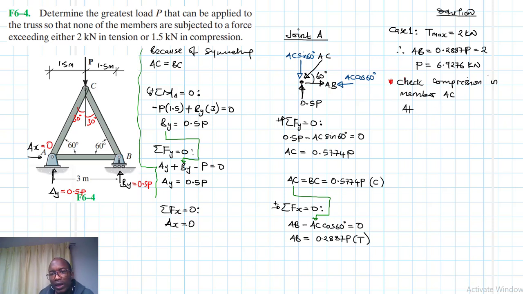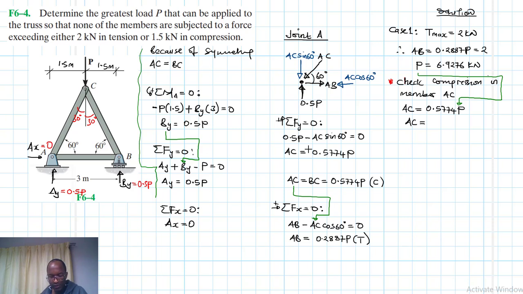So AC is equal to 0.5774 P. We are going to replace the P that we just found here. Once we replace that P, we'll find that AC, mind you, this is in compression, is equal to BC.